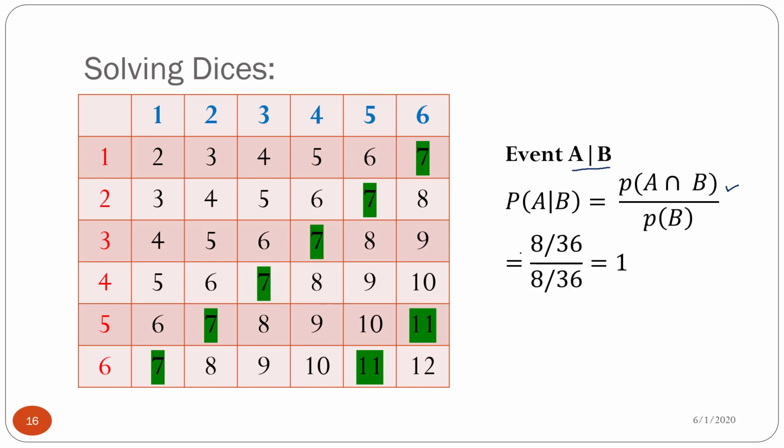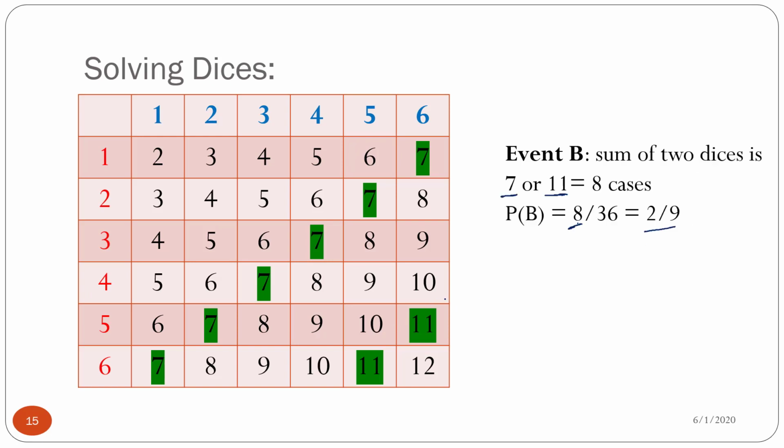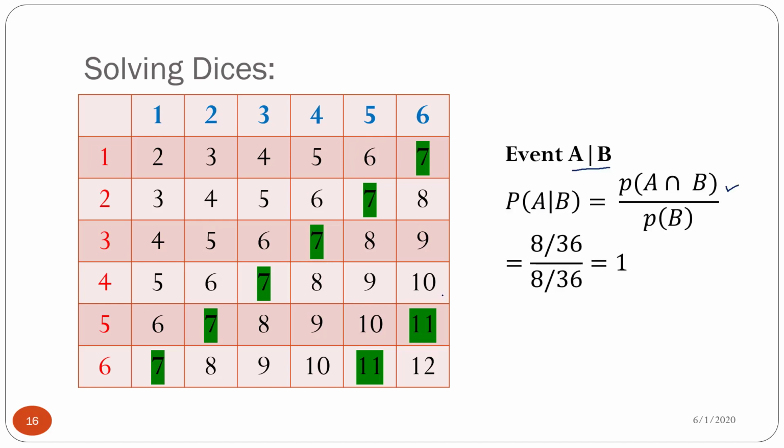So you got that as 8 by 36. And what is the probability of B? The probability of B is also 8 by 36, which we found out right here. So what is the conditional probability of A given B? It's 1. Okay, good. So this was simpler.